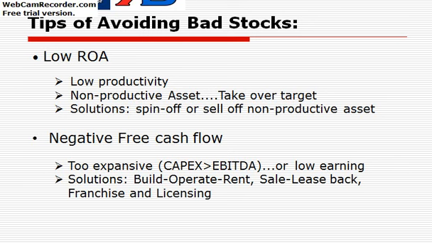The solution is we have to make non-productive assets become productive. How? It can be a sell-off, partnership, or spin-off of the non-productive assets, to basically take the assets out of the company and then utilize them elsewhere or outside the company, becoming more productive.